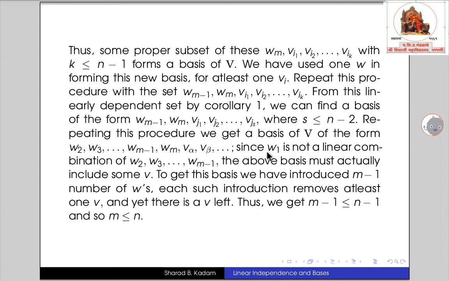Now we know that w1, w2, and so on up to wm are linearly independent vectors. That means w1 is not a linear combination of w2, w3, and so on, w_{m-1}, wm. So the above basis must actually include some v.